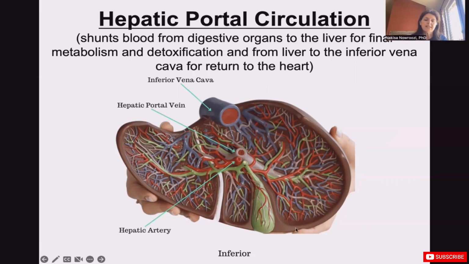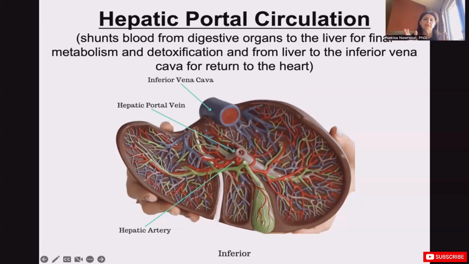So this is a model of the liver. I am looking at the inferior view. This is the inferior vena cava. This is the hepatic artery, and I'm looking at the hepatic portal vein. I don't really have the whole hepatic portal circulation here, but the hepatic portal vein is shown in purple.